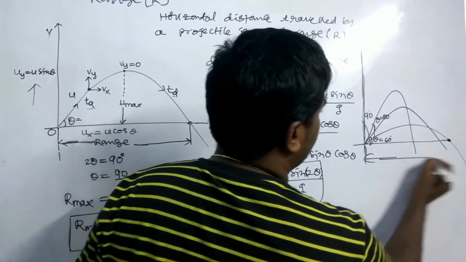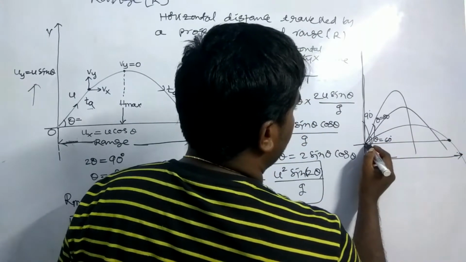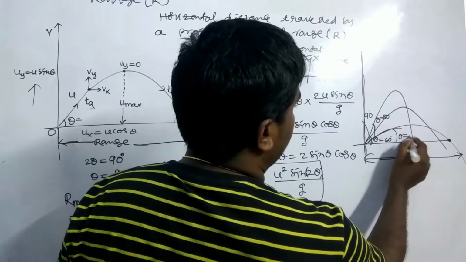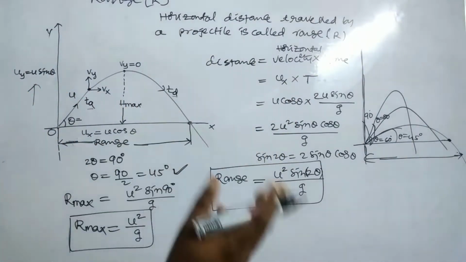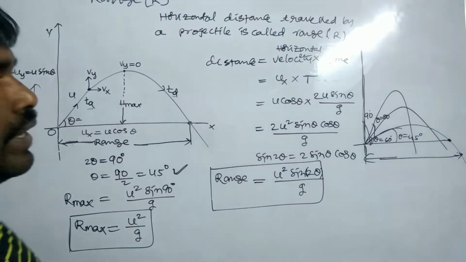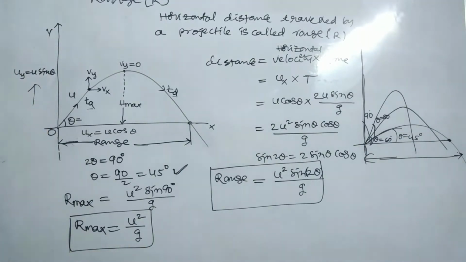If theta is equal to 45, the distance traveled by the projectile will be maximum. That is the maximum range.